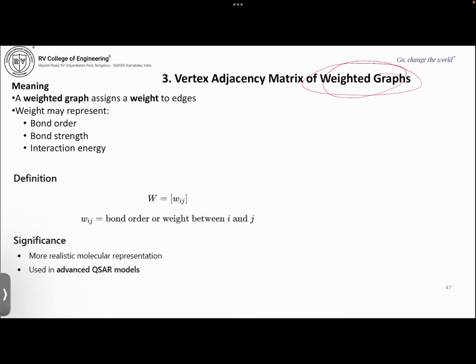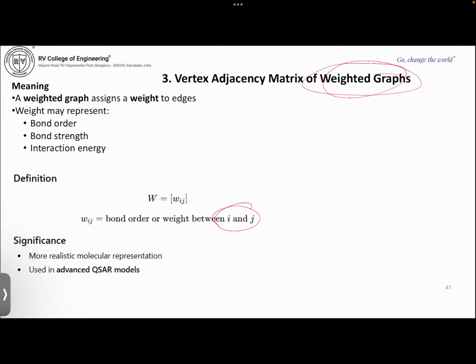So in a weighted graph, Wij is defined by the bond order or the weight between i and j. If the bond order is different, or if a weight has been given to a vertex, the adjacent vertices i and j are distinguished. For example, if one is a carbon atom and the other is a nitrogen atom, then it should be marked as Wij.